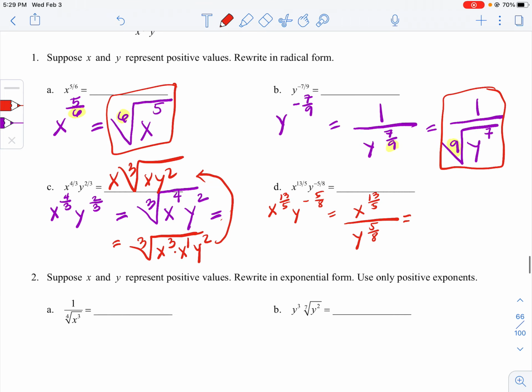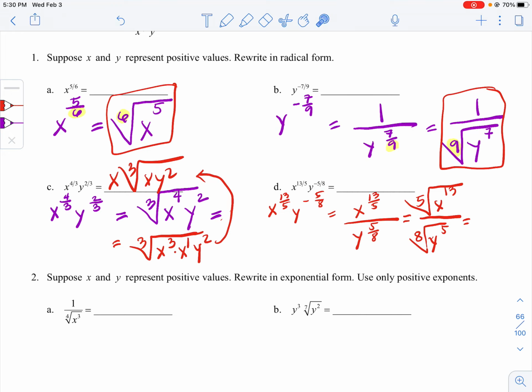So I'm going to solve the 13 first. The 13, or the one on the top, tells you how many x's you have, and the 5 tells you your root. The one on the top tells you how many y's you have, and the 8 tells you the root. Okay, can we still simplify? Are there 5's in the 13?